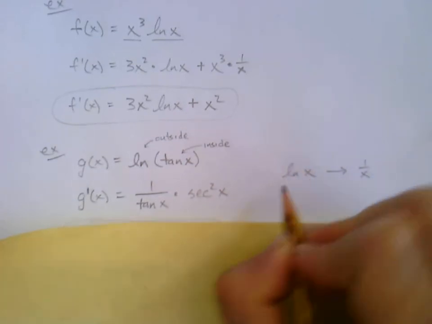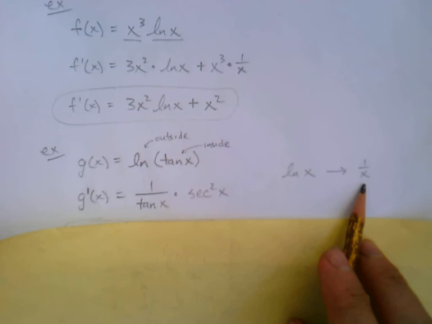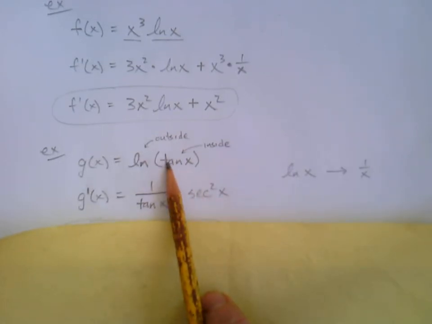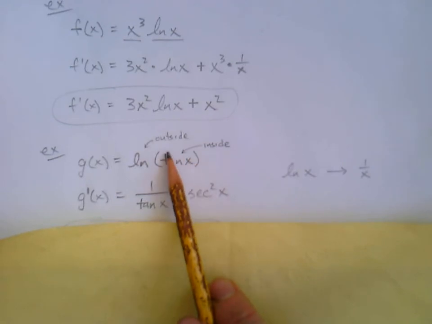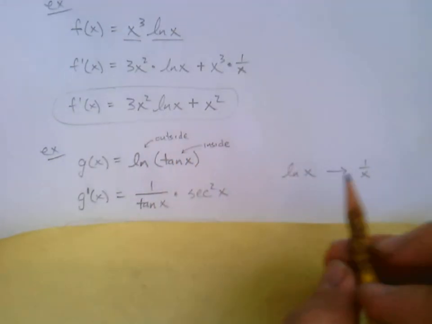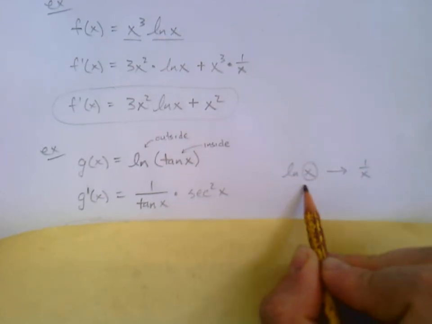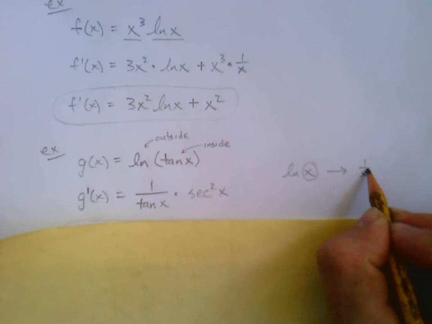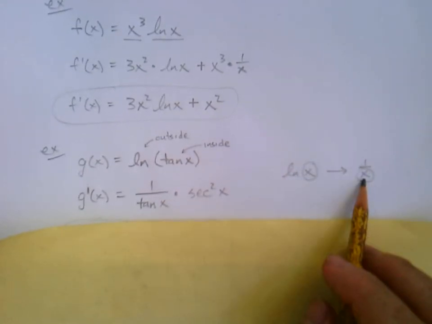If I simply had natural log of x, the derivative is 1 over x, of course. So if there's something more complicated than just x in here, then that gets replaced. So here we go. Whatever is inside, that goes underneath the 1. Okay? So if it's x, then it's 1 over x.